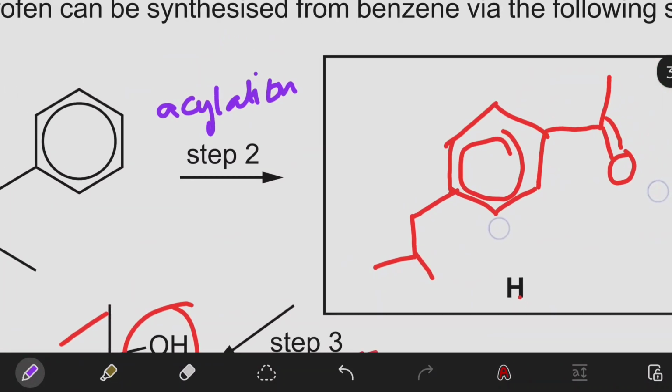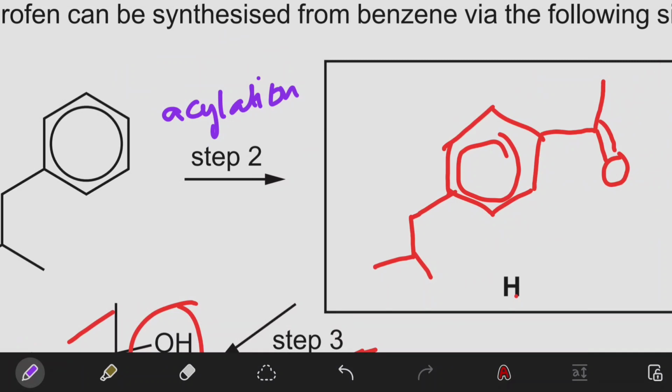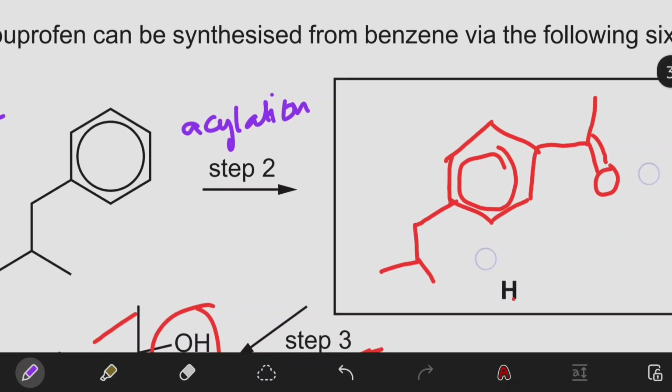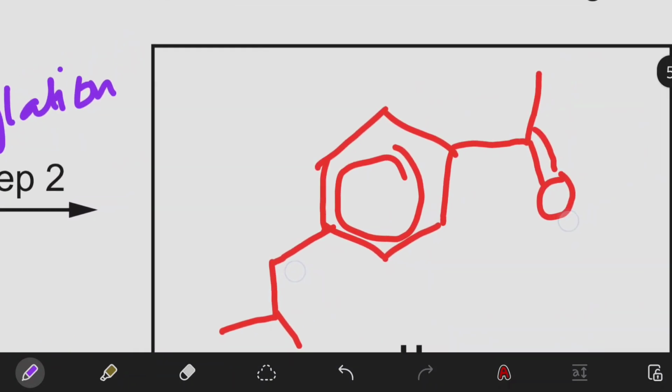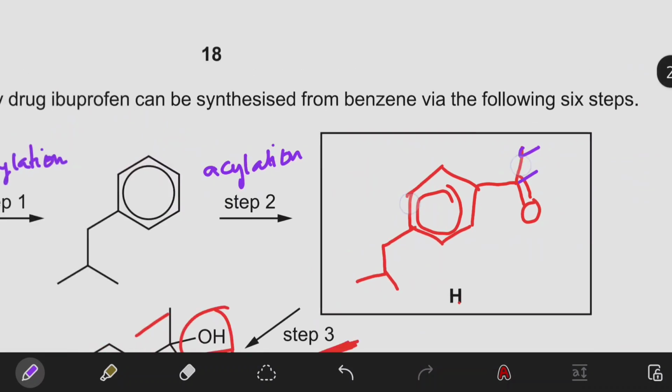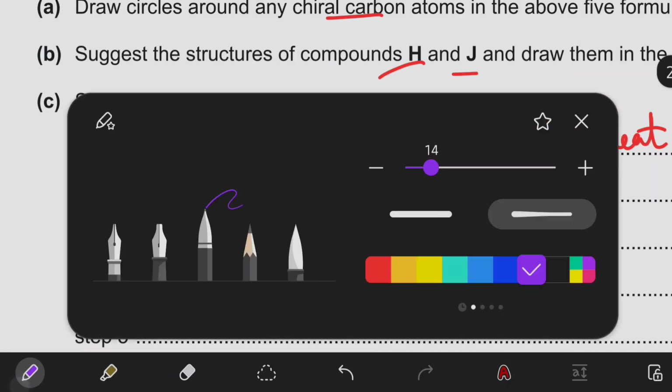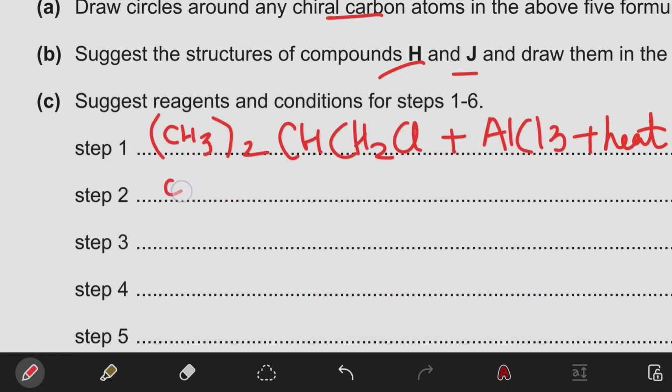Again for acylation you need the acyl, and it would be what? It would simply be CH3COCl, and that Cl would get removed and this would come. So CH3COCl plus AlCl3 again plus heat.